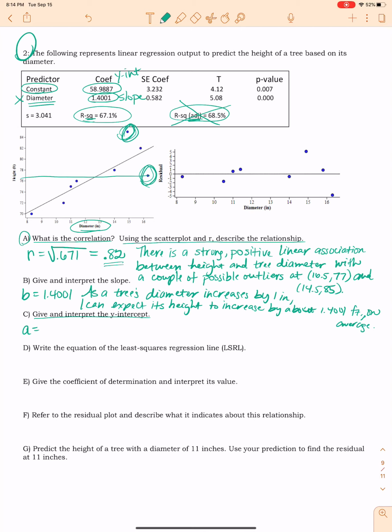Okay, give and interpret the y-intercept. Well, a is equal to 58.9887. This seems a little awkward, but we're going to talk about that.